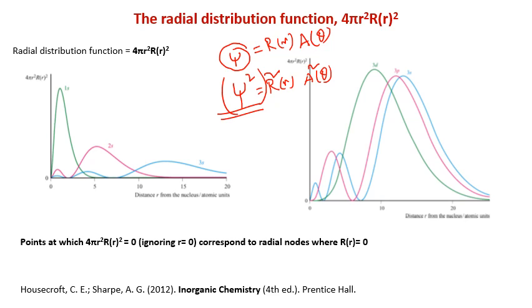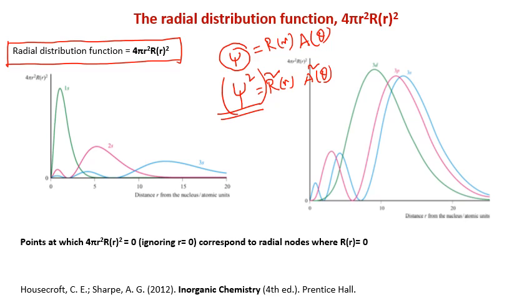The radial distribution function is given by 4 pi r square into capital R square, where r is the distance from the nucleus and capital R is the radial part of the wave function that I told you about in the previous slide. Now how do we plot this radial distribution function against the distance r from the nucleus?